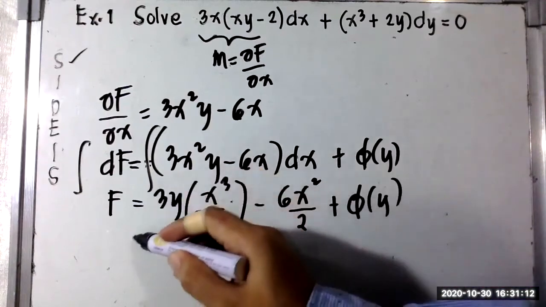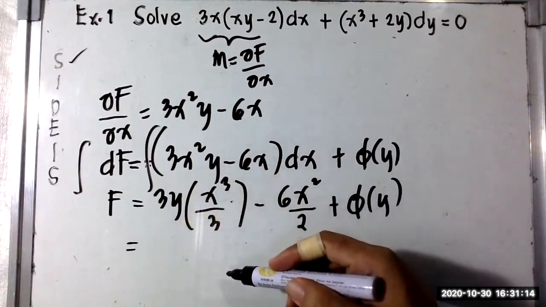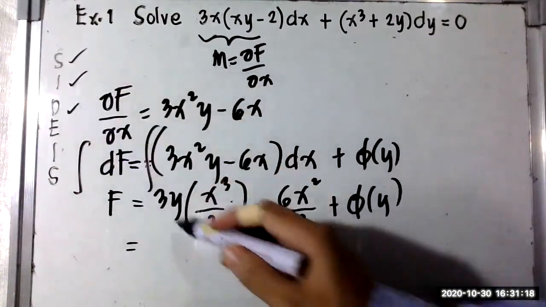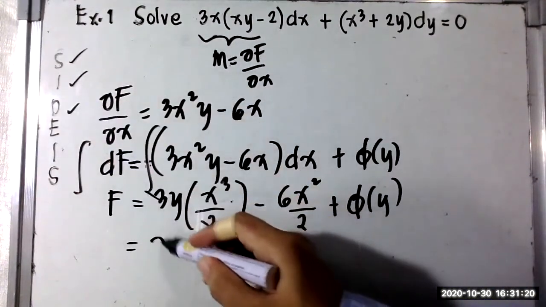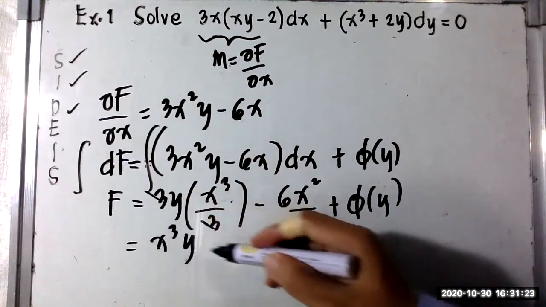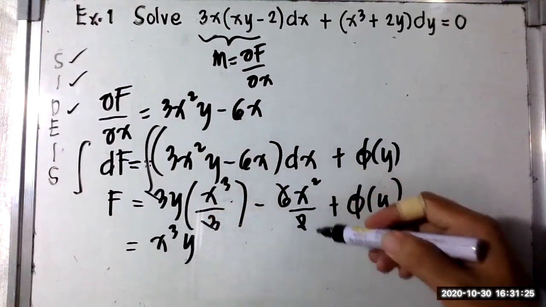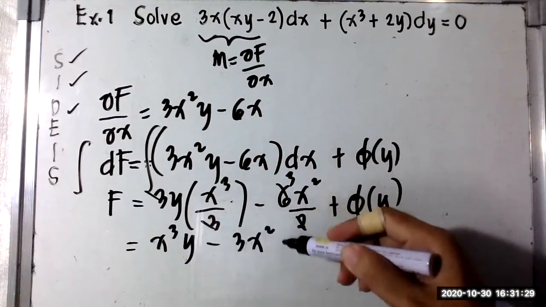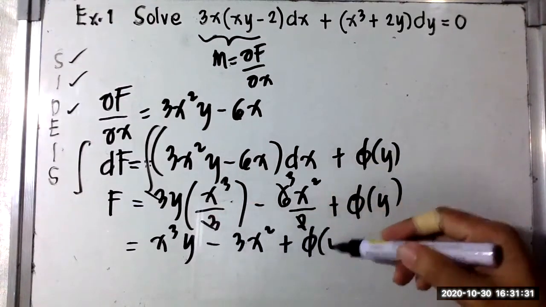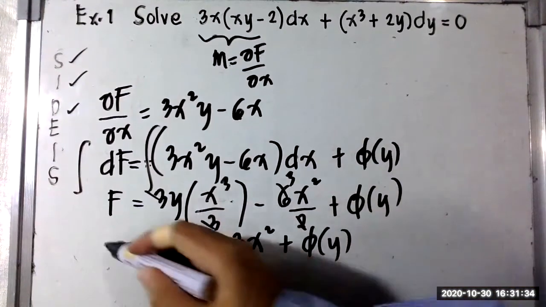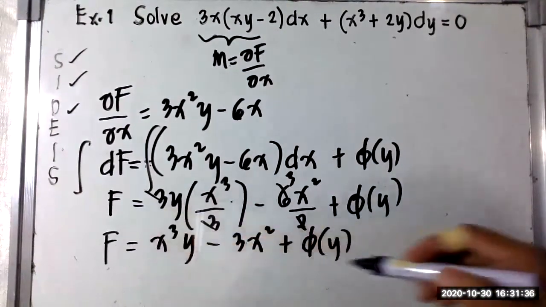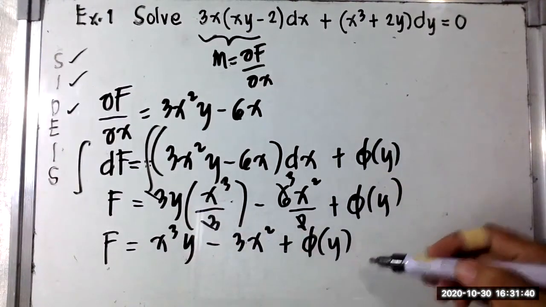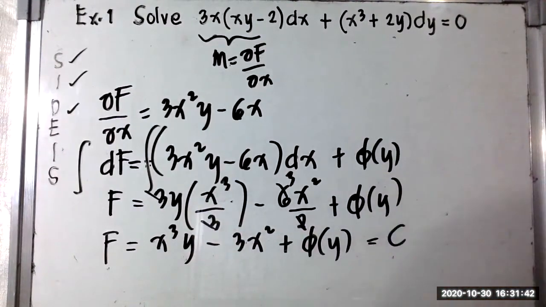Now we will simplify first before we proceed to the next step, which is to differentiate. Cancel 3, you have x cubed y. 6 divided by 2 is 3, so you have minus 3x squared plus phi of y. Now this will be our solution if we have the value of phi, and then equate that to the arbitrary constant c.